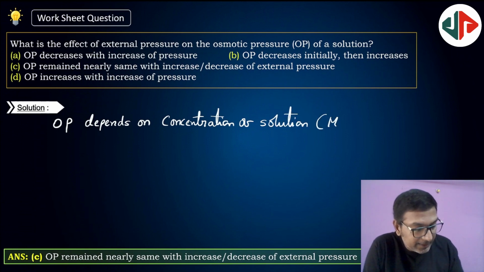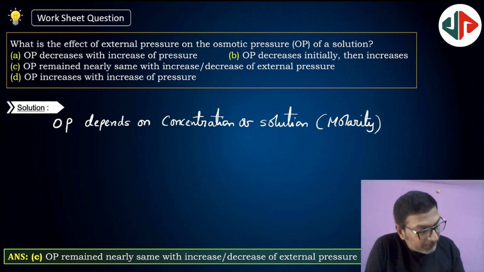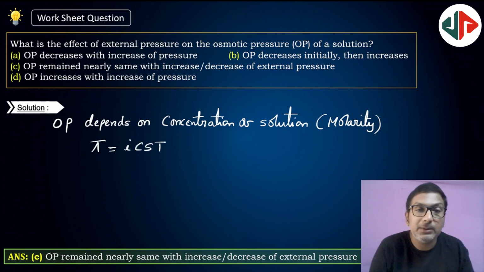Concentration means you can take it as molarity. According to the equation, osmotic pressure pi equals i into C R T. So pi depends on concentration C.